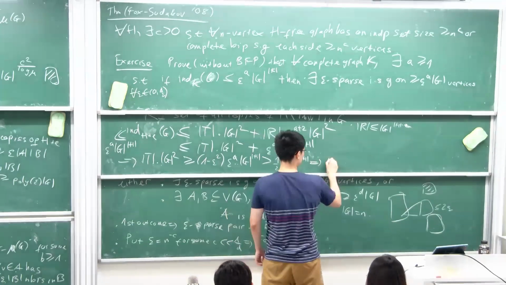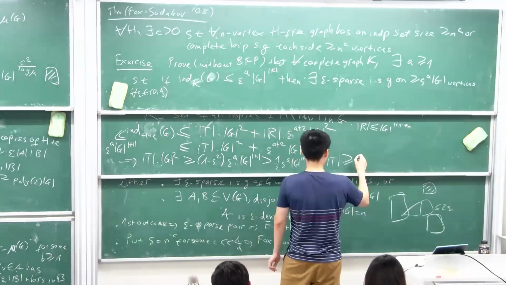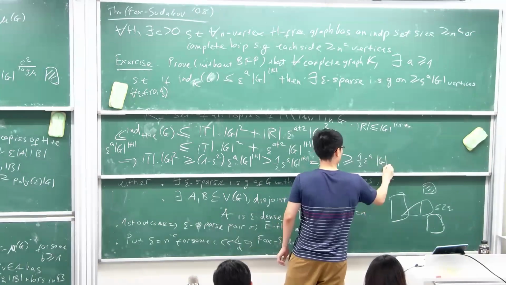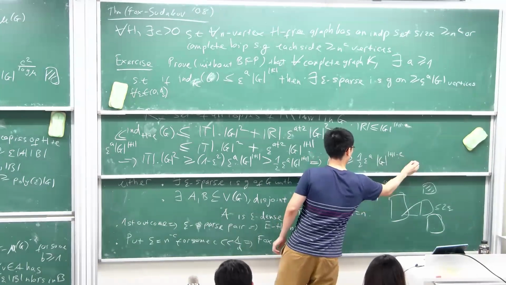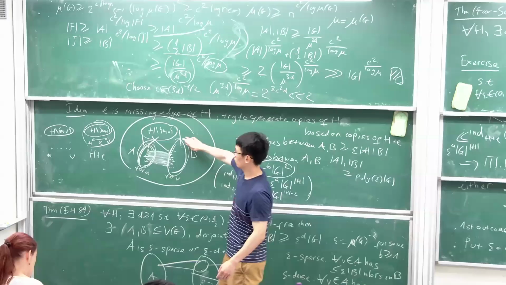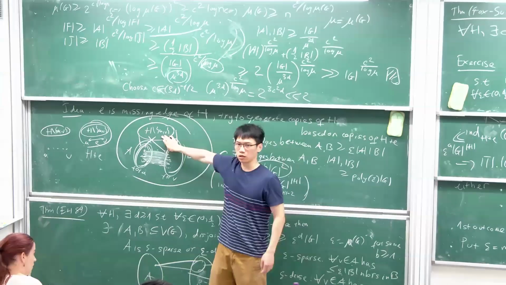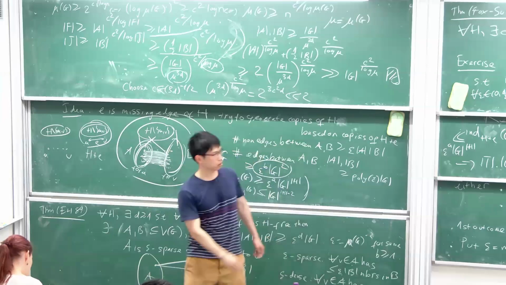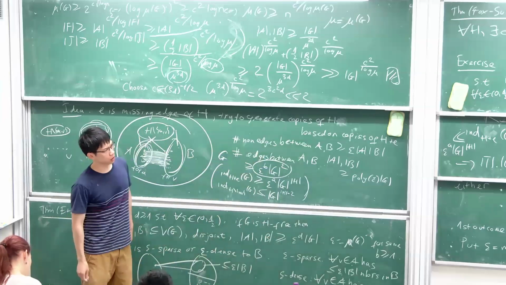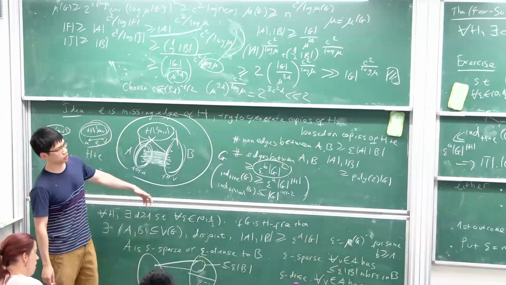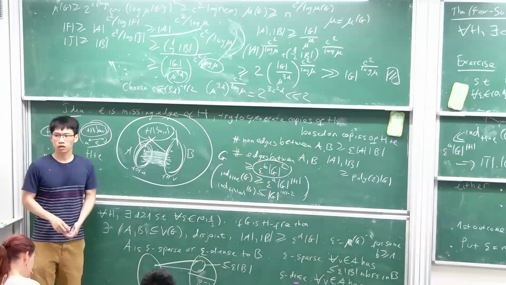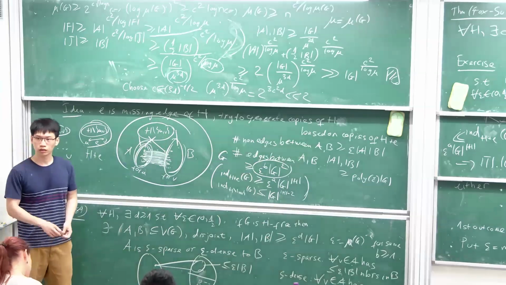What this means is that T has to be large. In other words, there are actually many copies of H minus UV with this property. A full version, I think, hopefully will be in the lecture notes. This is just the idea, which should be very useful for tomorrow. Okay. Let's think.